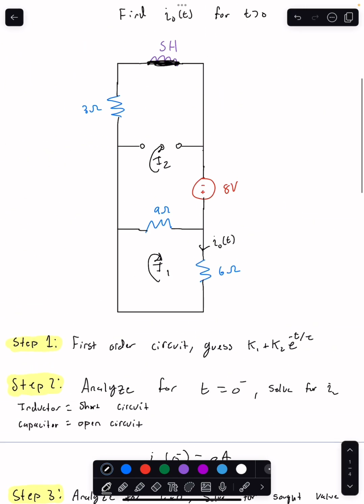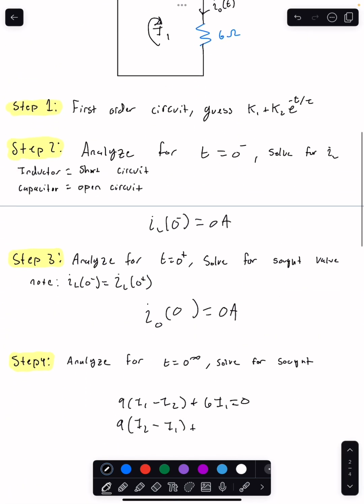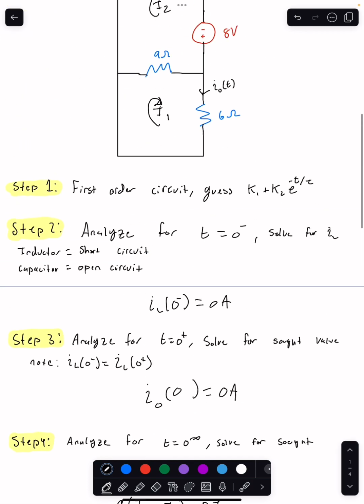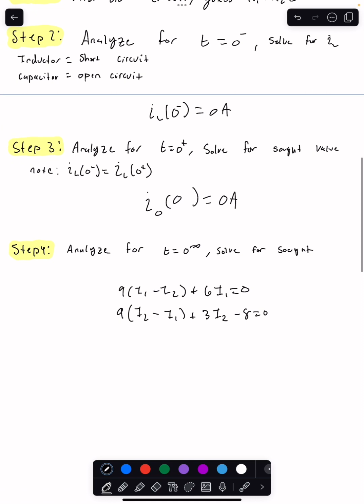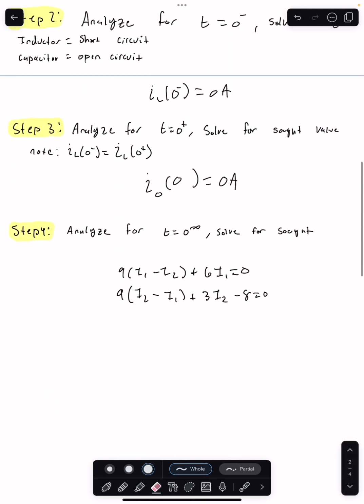And then for I2, the second mesh, we have 9I2 minus I1 plus 3I2, and then we have this voltage source, so minus 8 equals 0. Then we also know that this current through loop for I1 is the same as I naught of t. So I1 is equal to I naught.